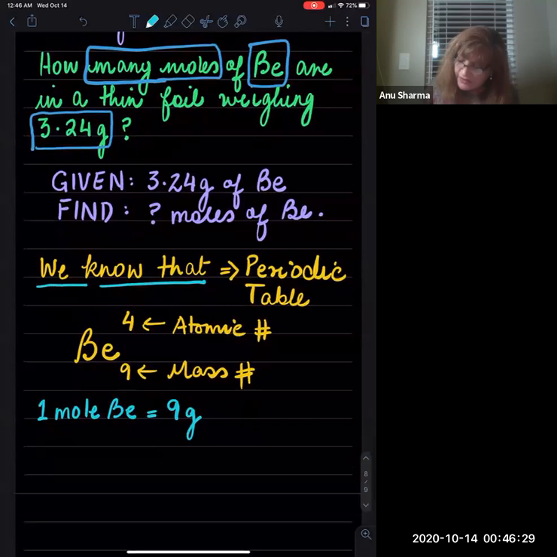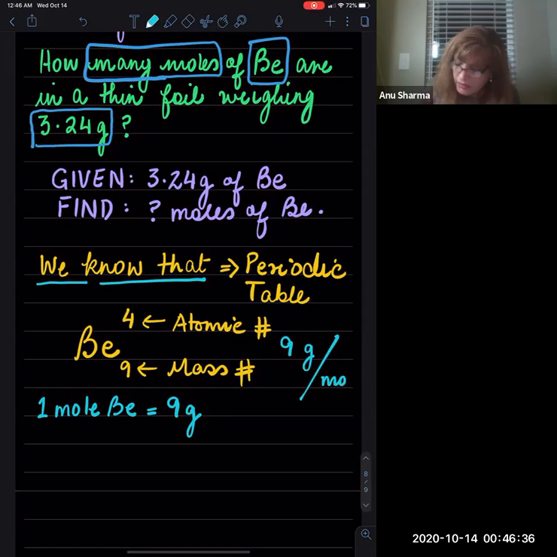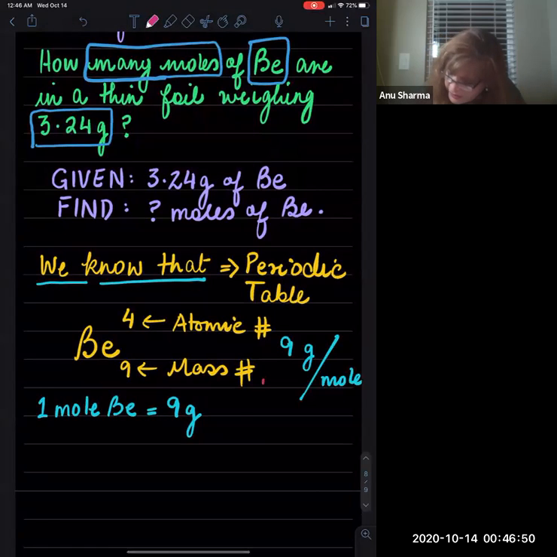In other words, the molar mass is 9 grams per mole. This is the information you get from the periodic table.